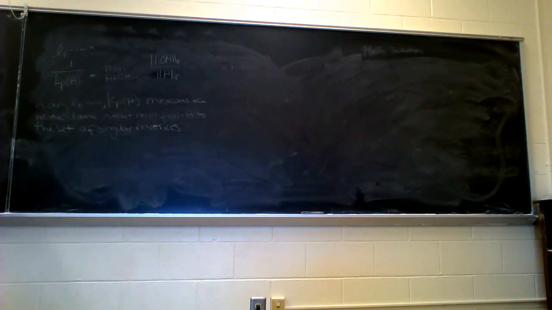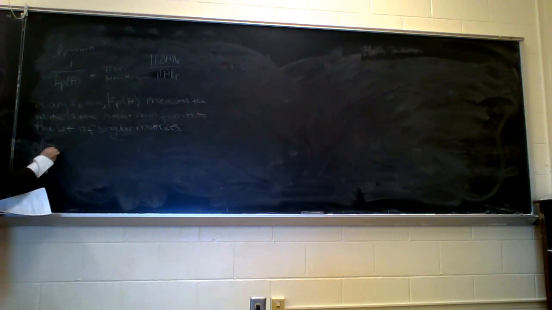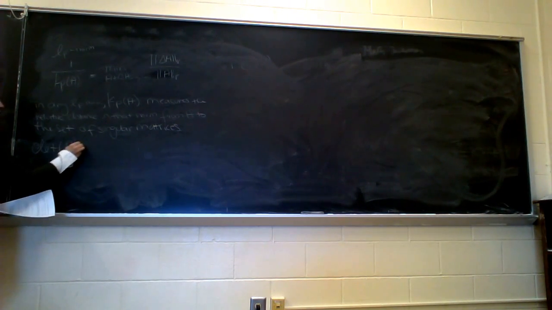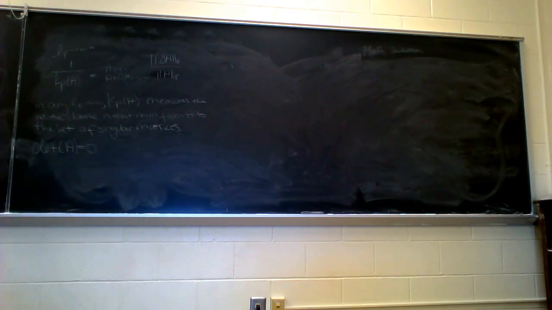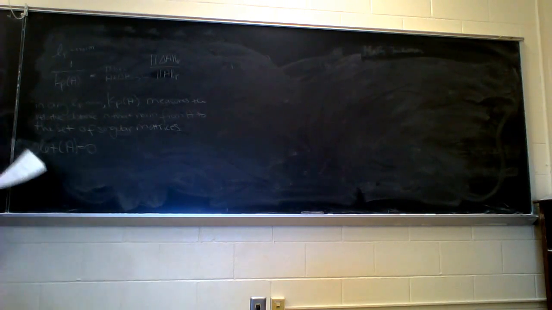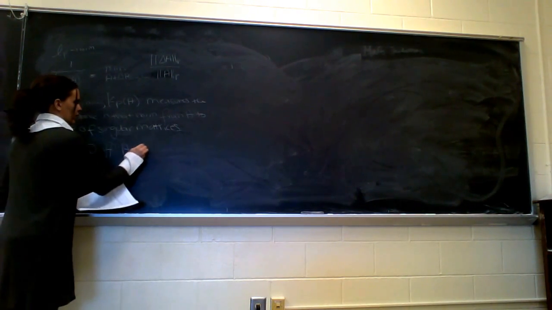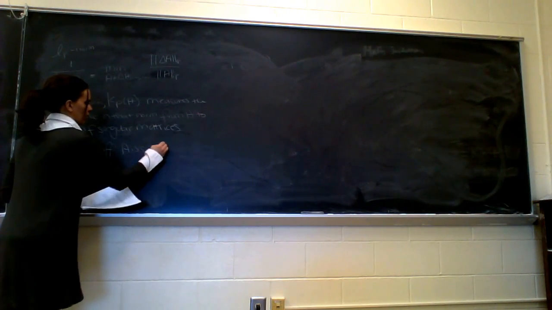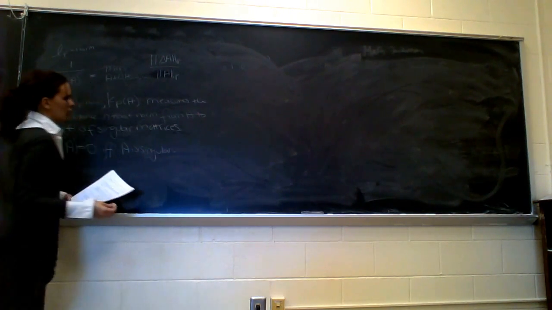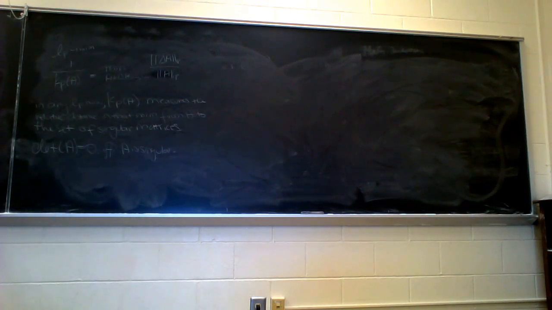But because the determinant of A is equal to 0 if and only if A is singular, you would think that the determinant would be a good way to measure the distance from A to the nearest singular matrix. However, it's generally not the case.